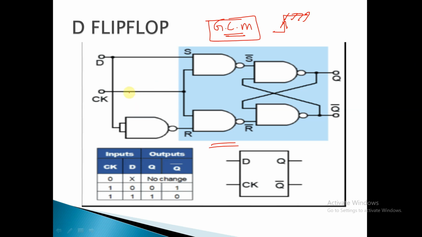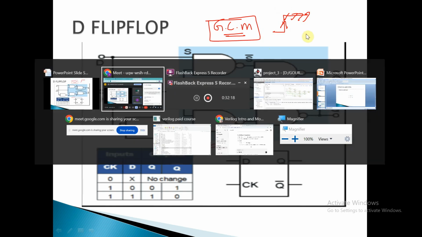What I'm saying is, using the NAND gates we can model it, but it will not work on the edges. If we perform this design in GLM, we cannot achieve that.